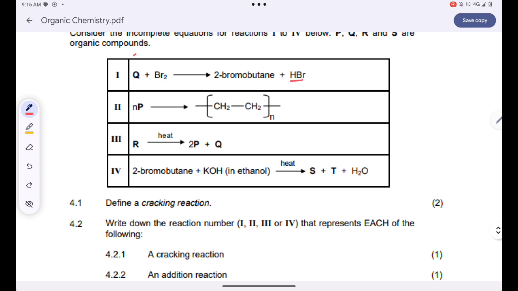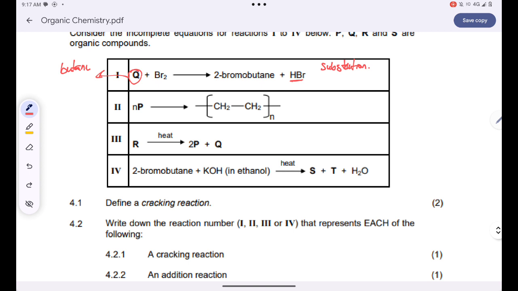So one of the hydrogens of compound Q has been substituted with bromine. Since we now end up with 2-bromobutane, that means compound Q was just butane. Are you together? And the type of reaction that took place over there was a substitution reaction.